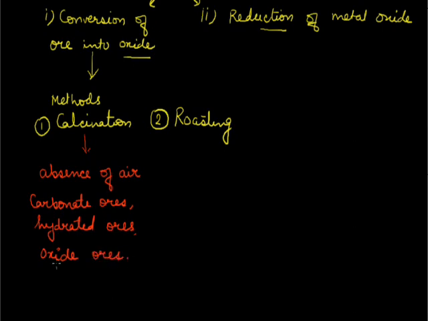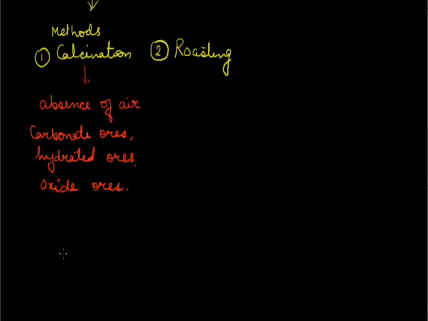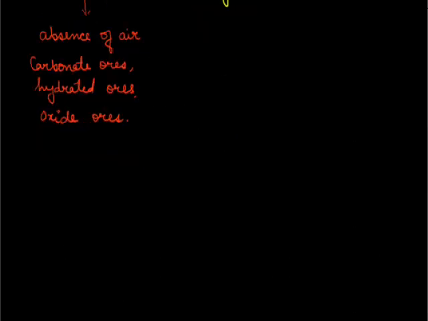So this is a very simple process in which the ore is heated in the absence of air. We can take an example of it like calamine, zinc carbonate. It is simply heated. It converts into zinc oxide, producing CO2.